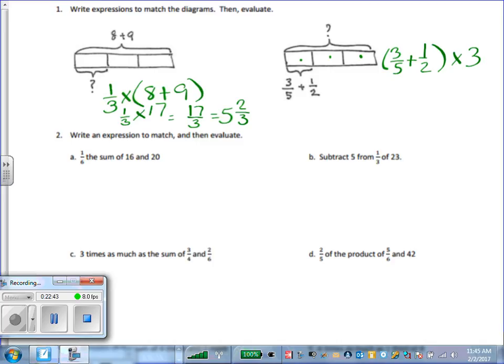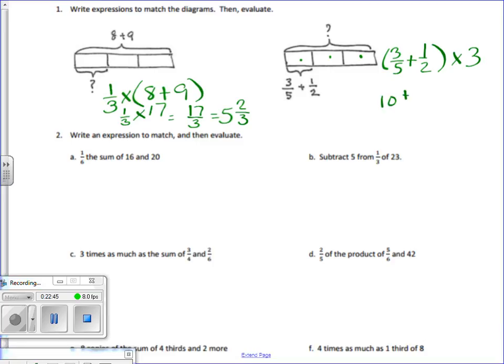Common denominator. 10. 5 goes into 10 2 times, 3 times 2 is 6. 2 goes into 10 5 times, 1 times 5 is 5. So 11 tenths, which is improper. But right now, I'm just going to leave it like it is, because I don't want to try to multiply a mixed fraction.